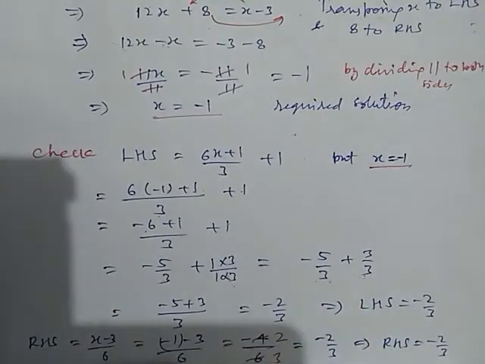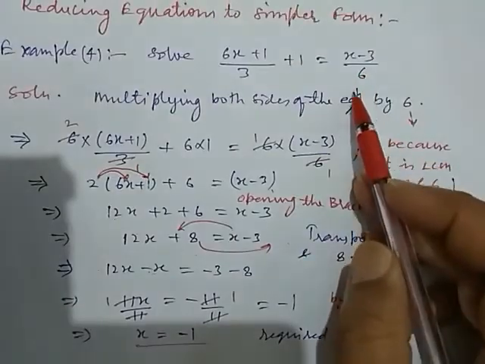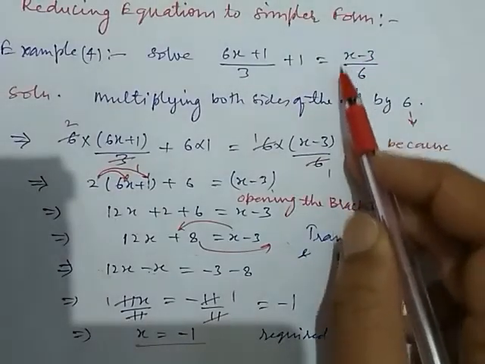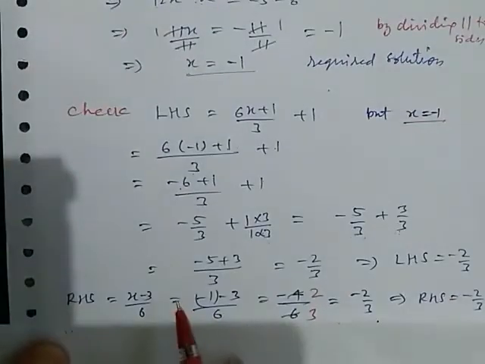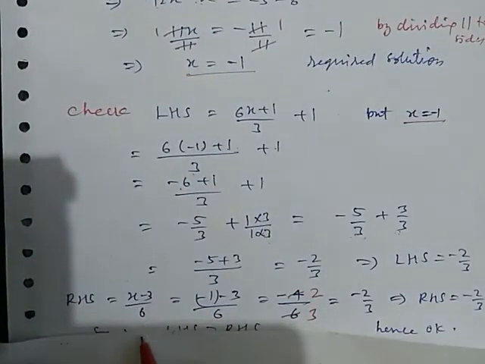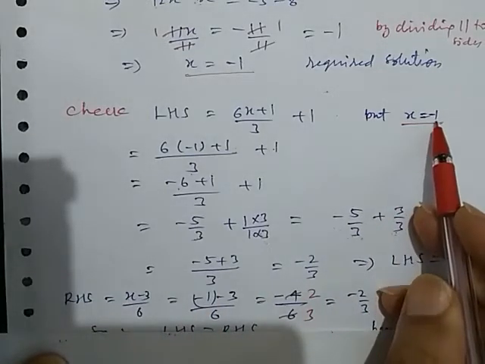Now we take the right hand side. Here x minus 3 upon 6 is our right hand side. So we just write here x minus 3 by 6 and put the value of x as minus 1.